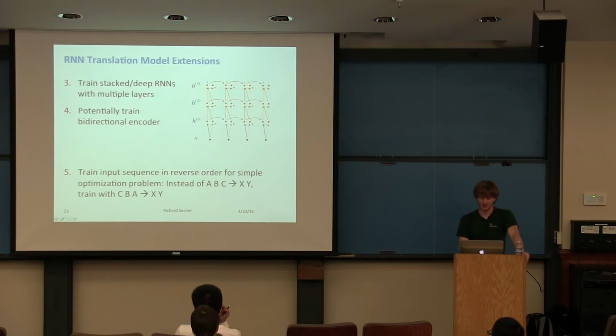And because X is more likely to be translated from words in the beginning of the sentence, we just reverse the order here. It's kind of a clever hack, not more, not less. So just reversing the input sequence.